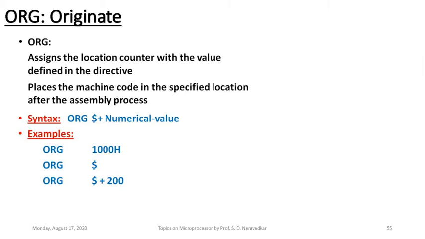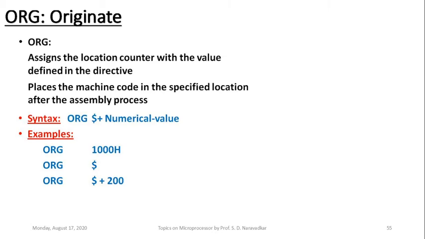In the second case, whatever machine code has been generated will be placed at the particular memory location given by the location counter. Second example, ORG dollar, does this particular operation.